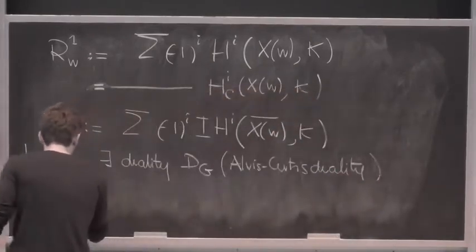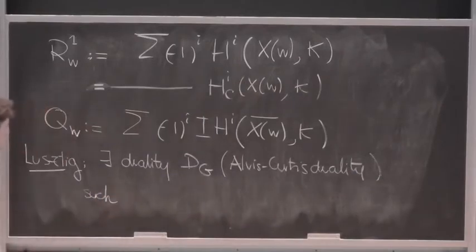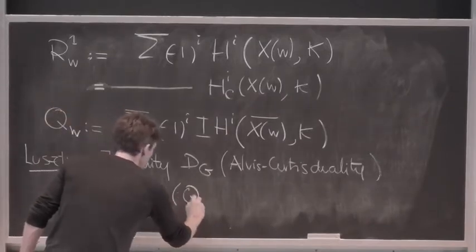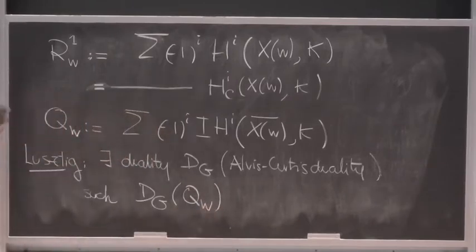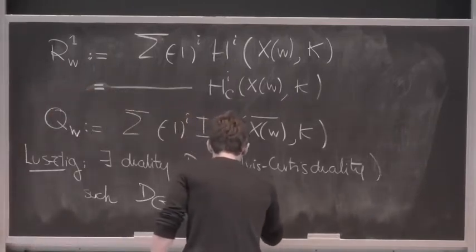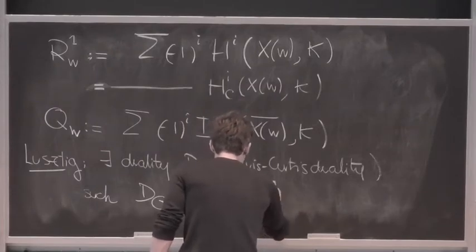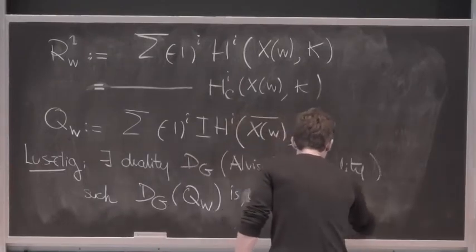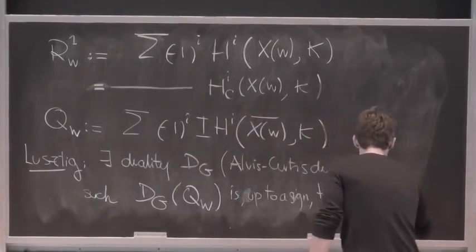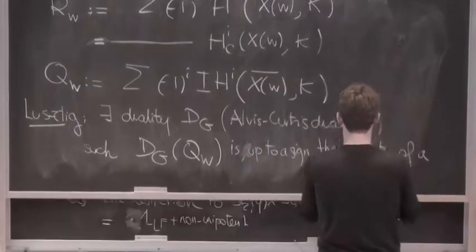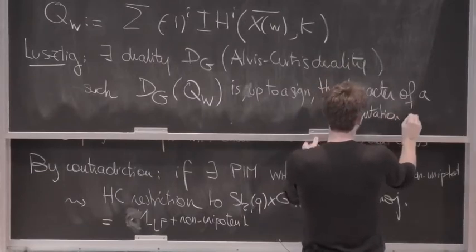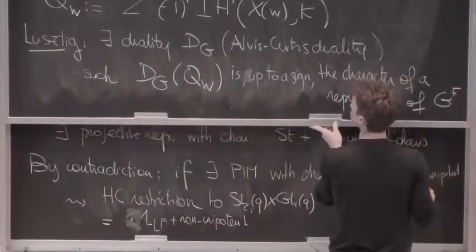Such that if you look at the dual of QW, the character is, up to global sign, the character of some representation of G. So if you decompose it, it's something unipotent here.